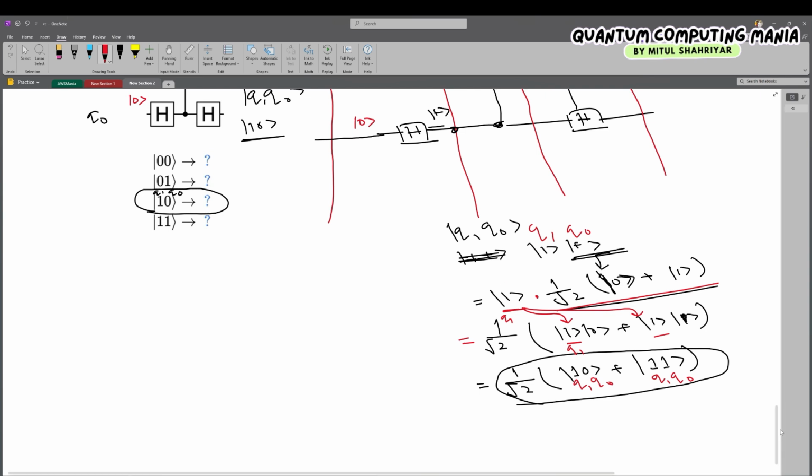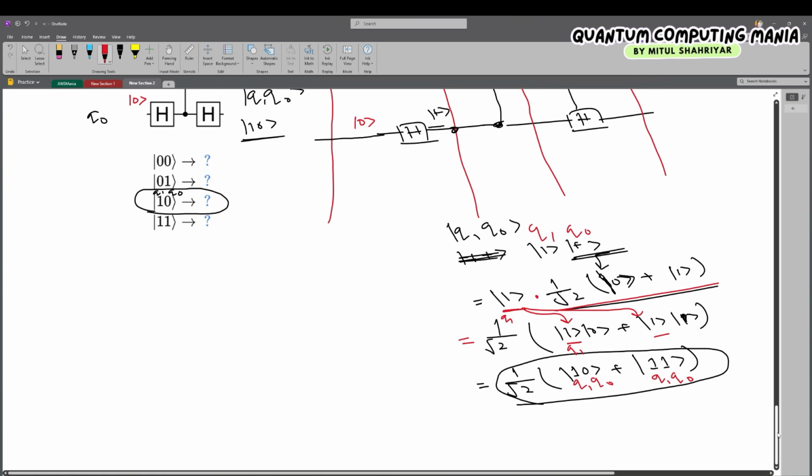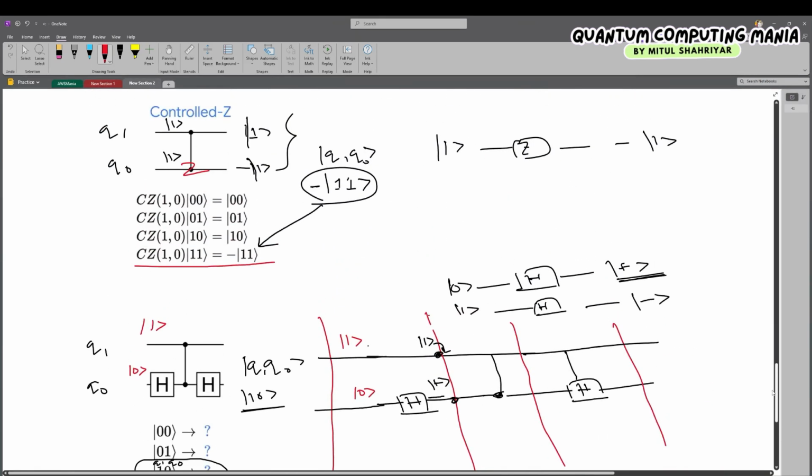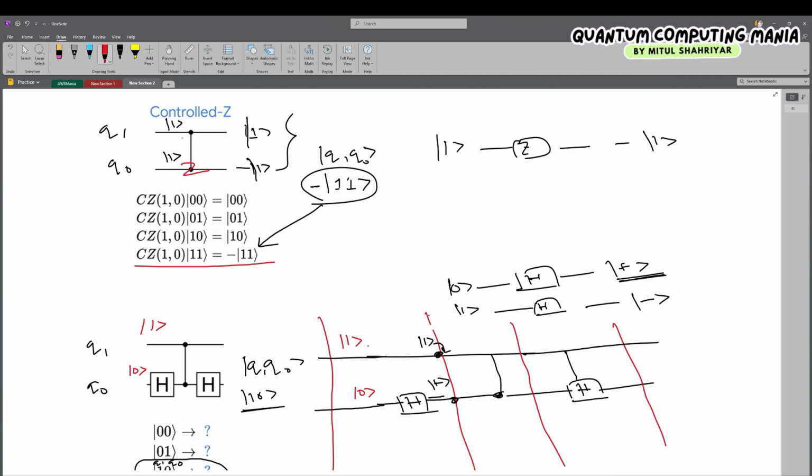Okay, that's interesting. We have to keep in mind, whether you look at the shortcut or manually, this is exactly the same thing. This basically means the control is qubit 1 and the target is qubit 0. You see the control is 1, right? And if that is 1, what do we do?